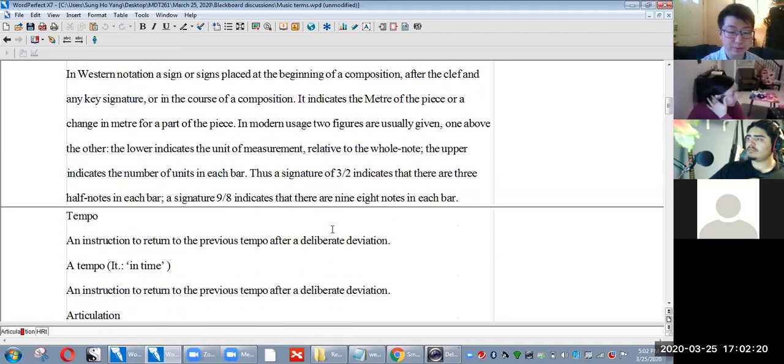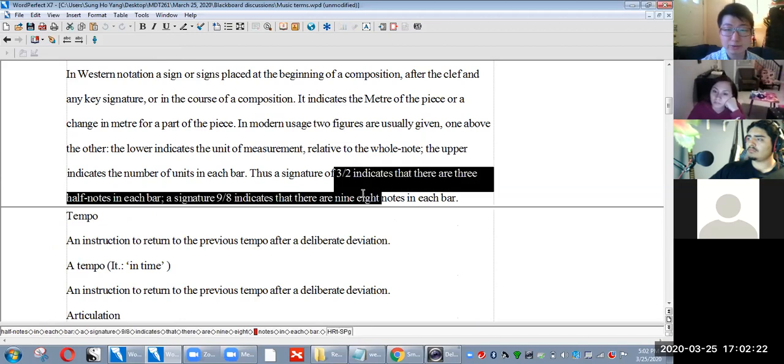Time signature. So here, 3/2 indicates that there are 3 half notes in each bar. A signature 9/8 indicates that there are 9 eighth notes in each bar.